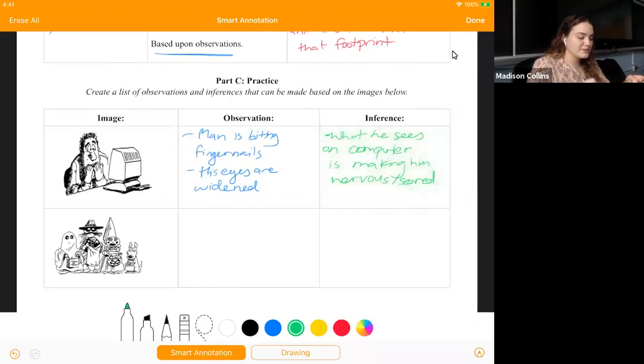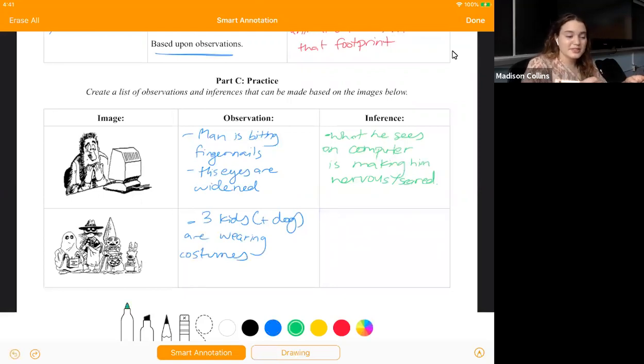All right, here's another example. Observations, remember, something that you see. So I see that these kids, the 3 kids and a dog, are wearing costumes. So what am I going to infer based on that knowledge? Well, based on my prior knowledge and experience, I'm going to assume or infer that it's Halloween.